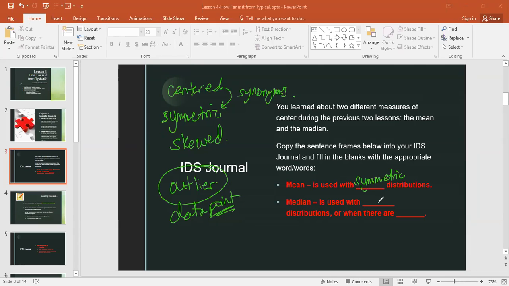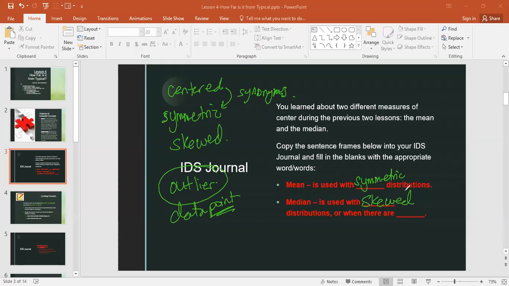You want to do one last try, or do you want to pass it on to someone else? Katie can go. All right, Katie, you want to take a stab at it? Yeah, sure. I was going to say median is used with skewed distributions or when there are outliers. Yes, very good. So Janelle, you kind of had the words, but you mixed them up, right?